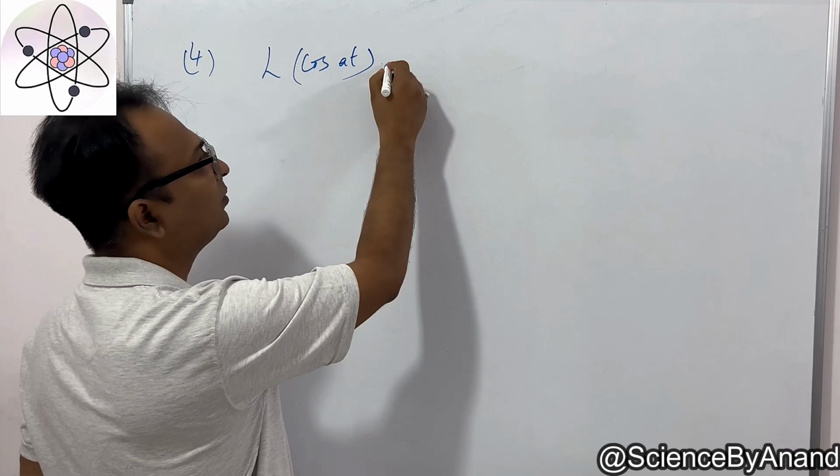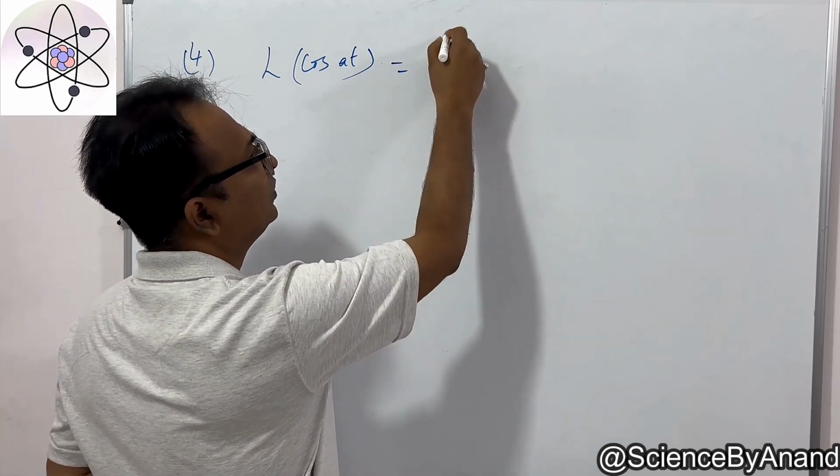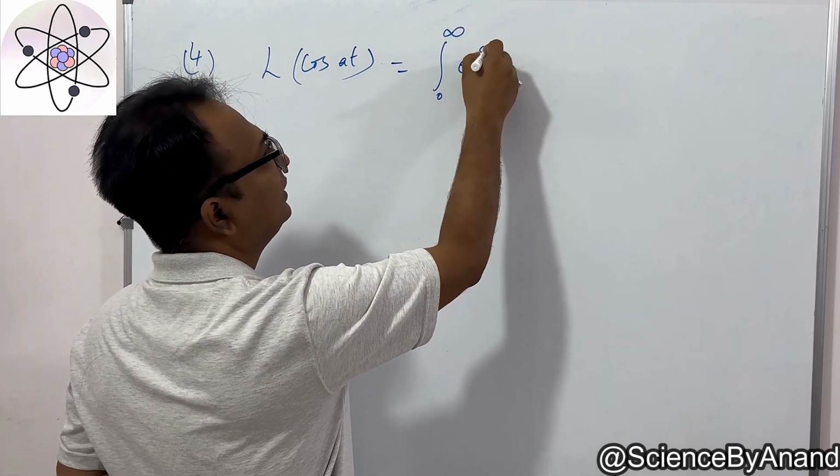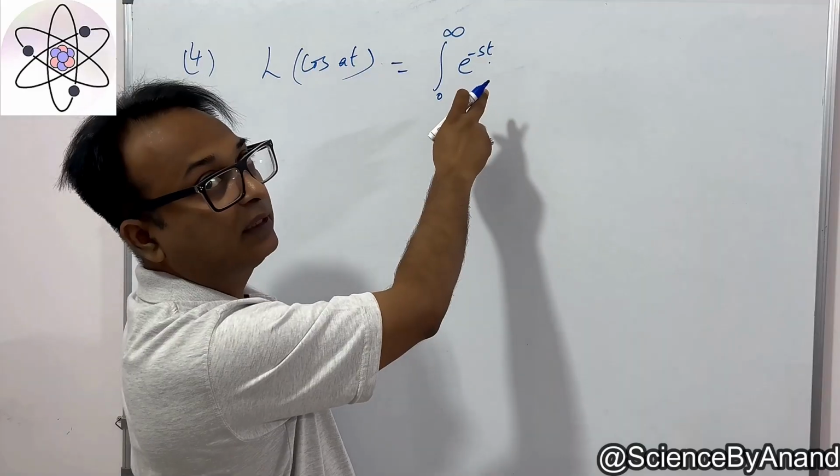So Laplace transform of cos at, 0 to infinity e to the power minus st, what we will write? Cos at.